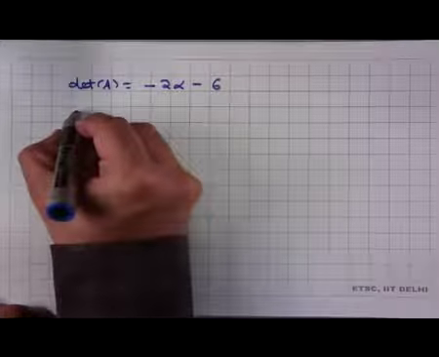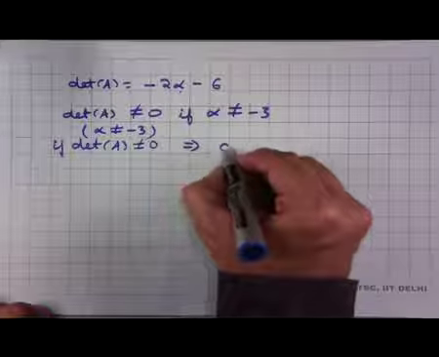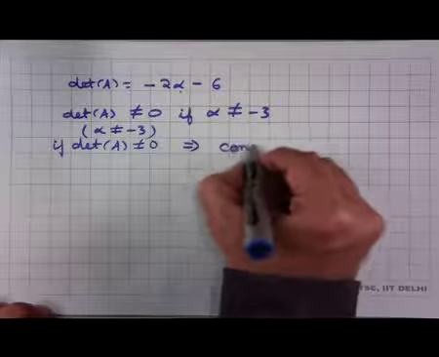Therefore, if alpha is not equal to minus 3, it is not 0. Now, what the statement says is that if the determinant of A is not 0, because that is what they say, alpha not equal to minus 3, then what can we say about the system of equations? Then we automatically say that it is a consistent system.